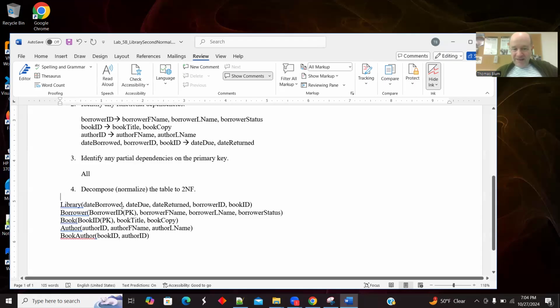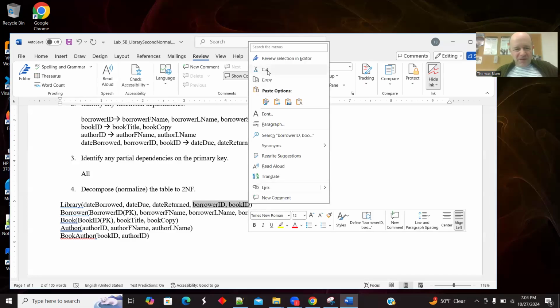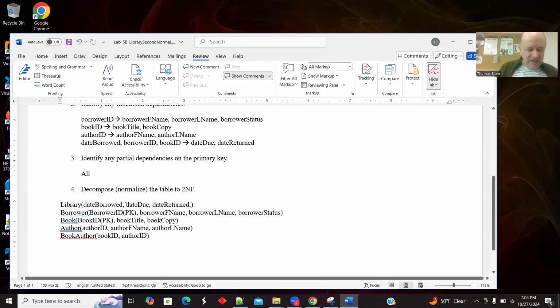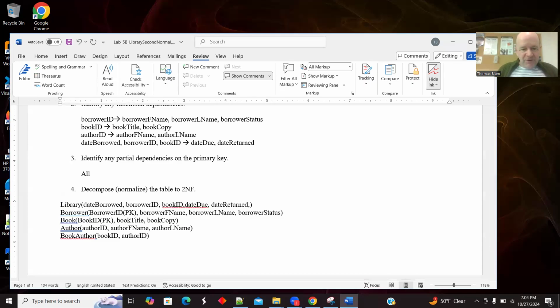So I need a date, and then the due date and the return date we will keep in that table. Let me move these first because I'm considering those part of my primary key, and then these after.